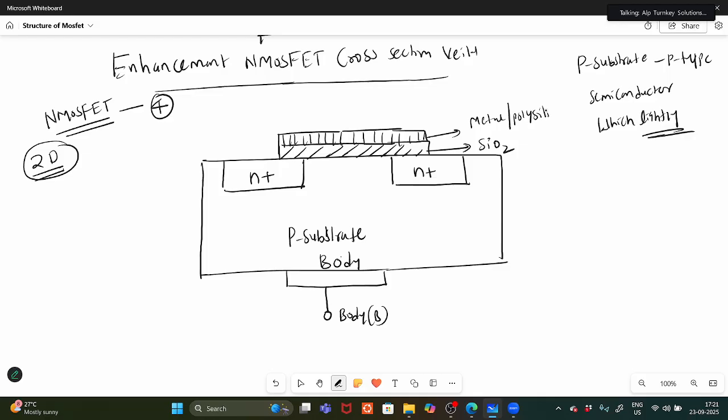And here there is metal, this is also metal, and this is also metal. Now this is the source, this one is the drain, and this one is the gate. And this is the channel region.